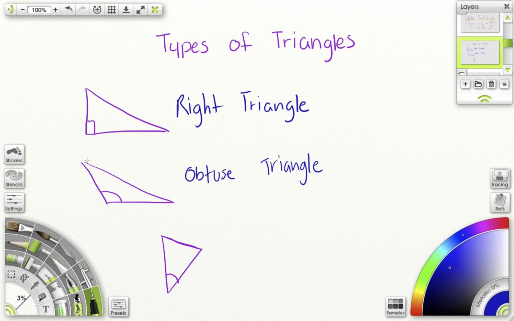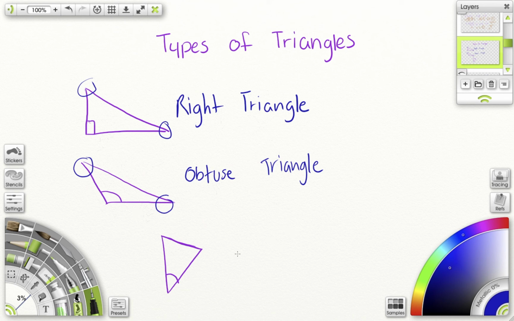The other two angles are all acute. Even though they have two other acute angles, so there's two really small angles, you need to look at which one angle sticks out. So if it has that right symbol, that little square, or if it is straight up and over, or if it has this big really wide angle, that's how you can tell what type of triangle it is, because it has that one angle that sticks out from the others.